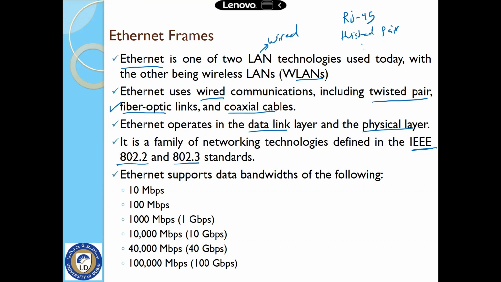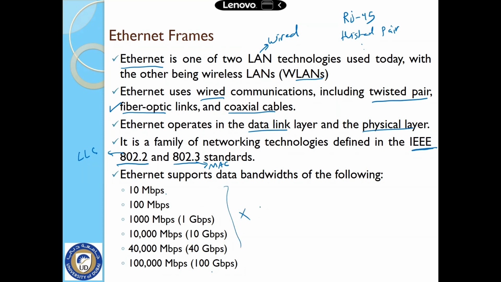Now, in fact, we'll find that this one is related to something called LLC, and this one is related to MAC. And we'll talk about each one of them separately. It comes in various speeds, 10 megabit per second, all the way to 100 gigabit per second. This is just an example, no need to memorize.